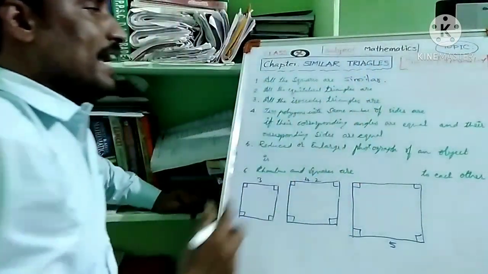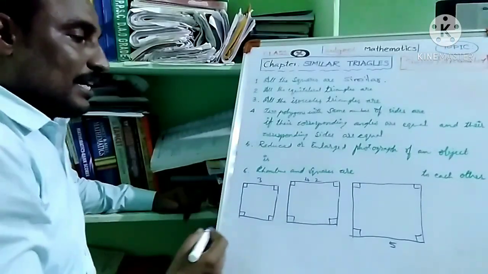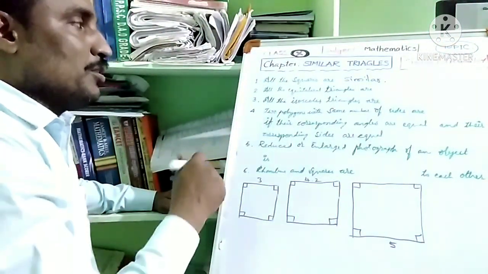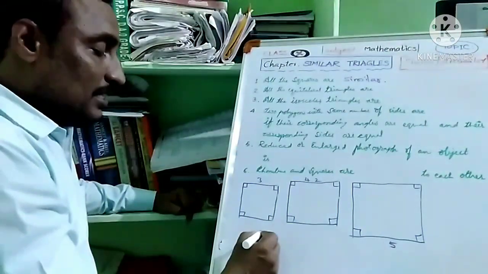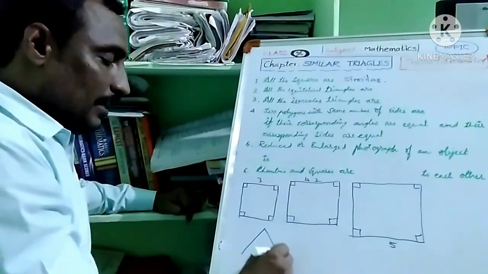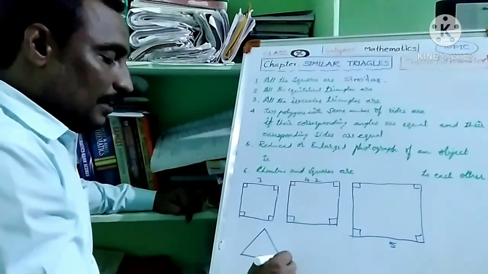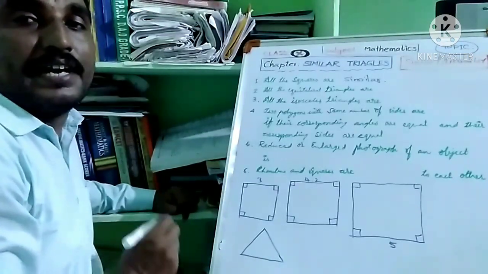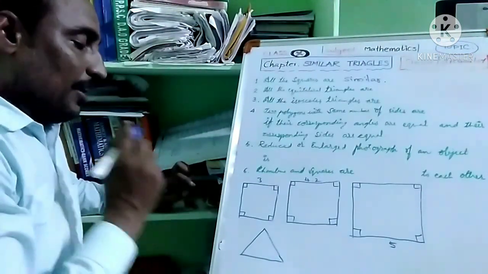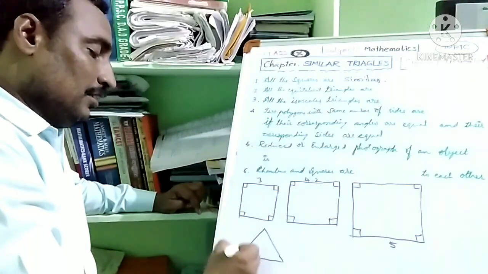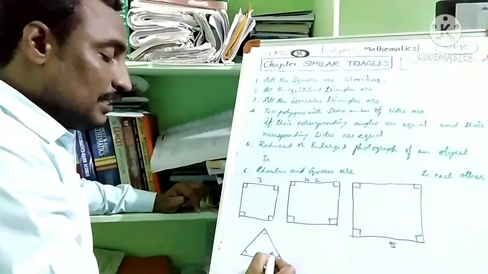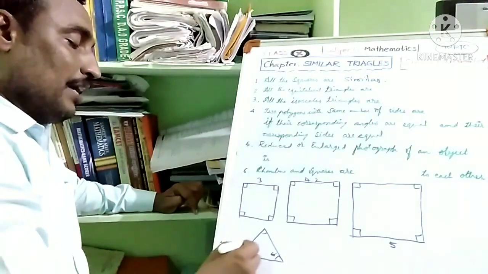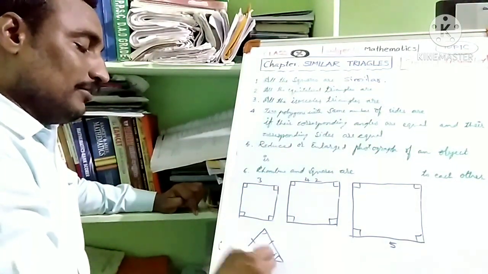All the equilateral triangles: how are they? Observe. Equilateral triangle means all the angles in a triangle are equal, and each is equal to 60, we know. All the sides are equal.